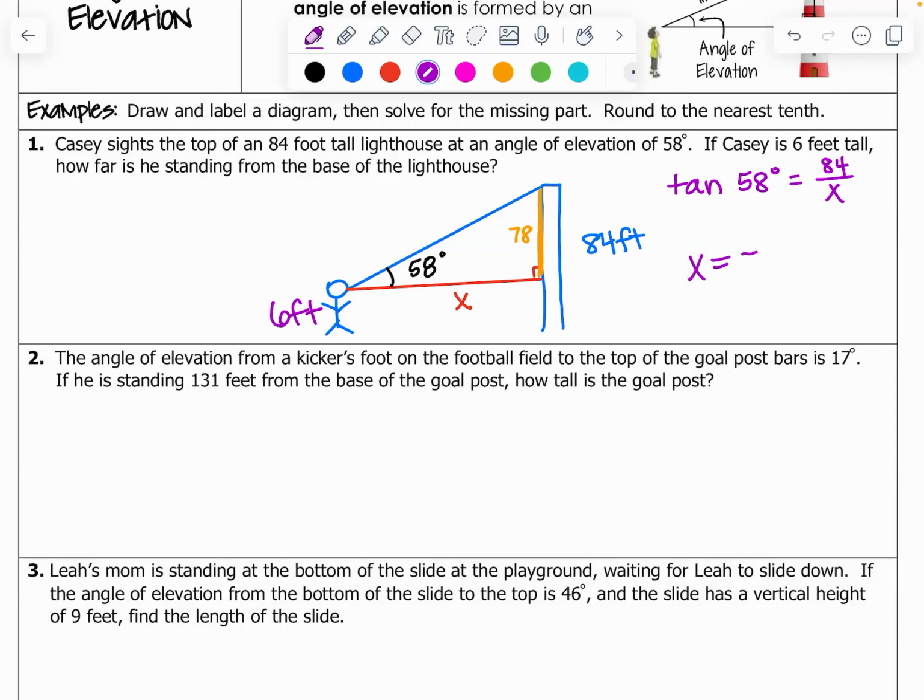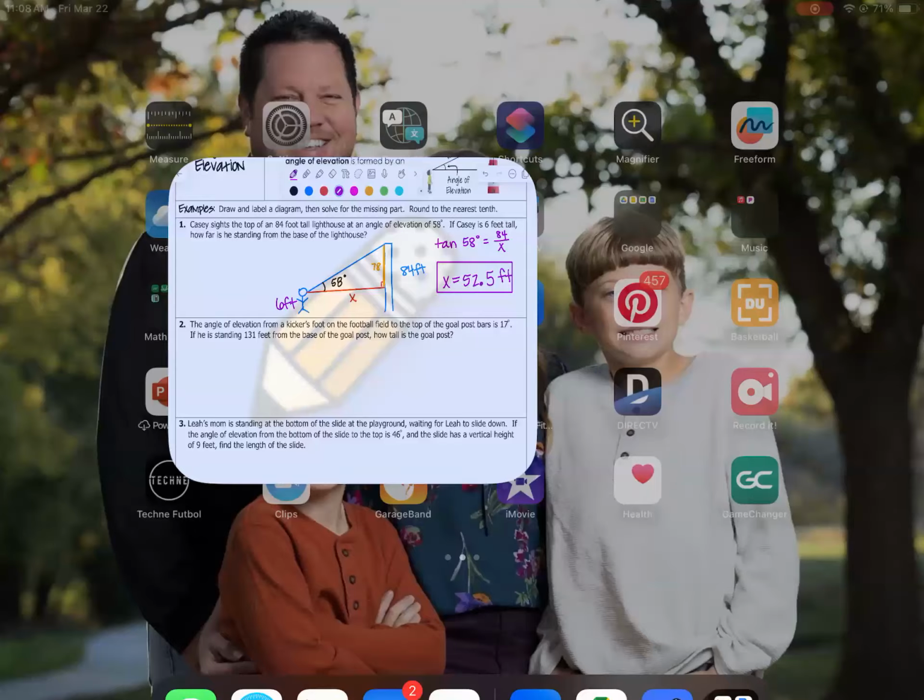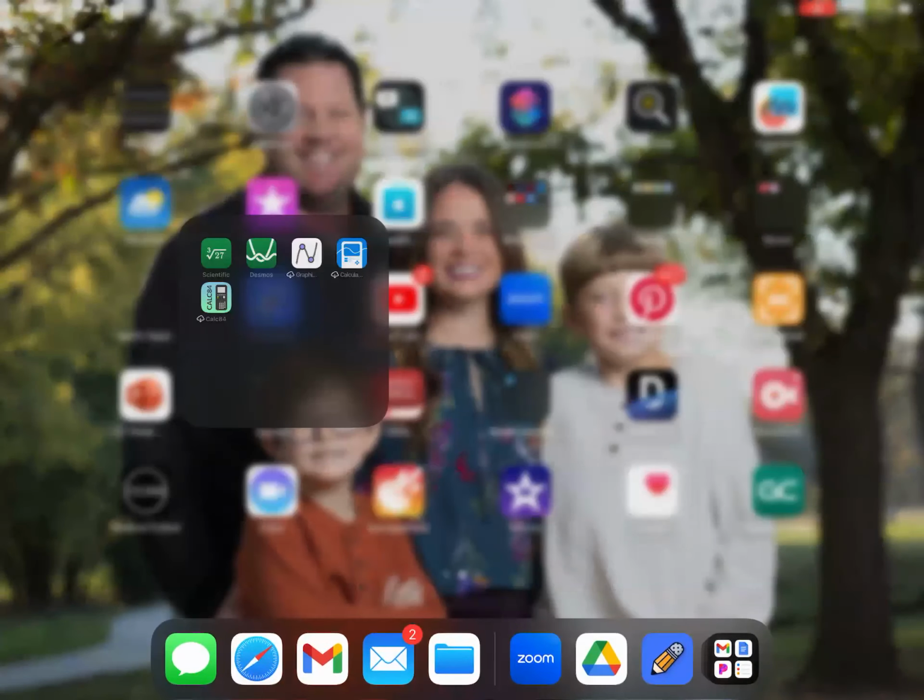X is 52.5 what? Feet. I got 48. Yeah, so did I. I got 48.7. I got 52. No, it's because look, X is on the bottom.